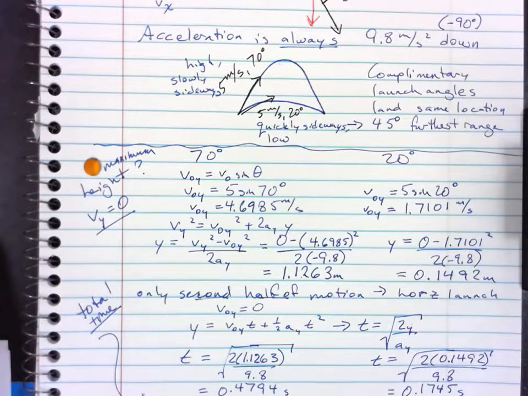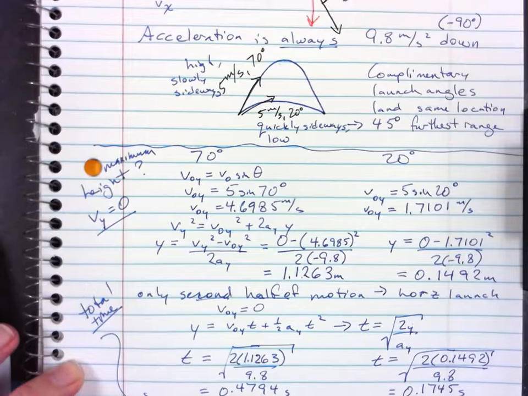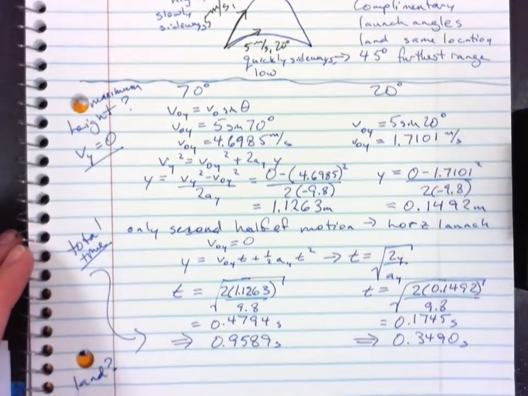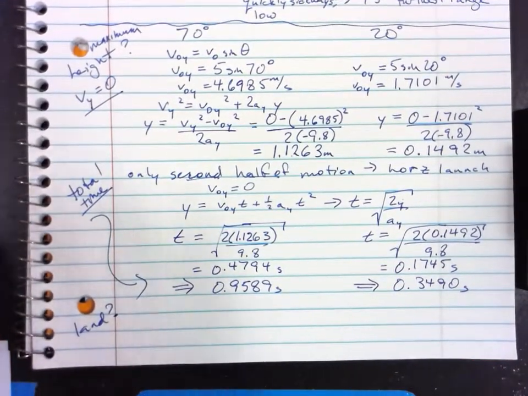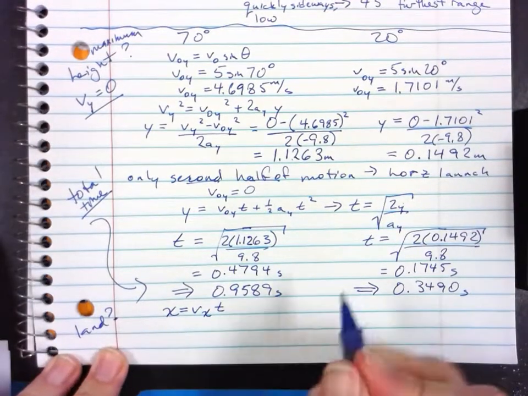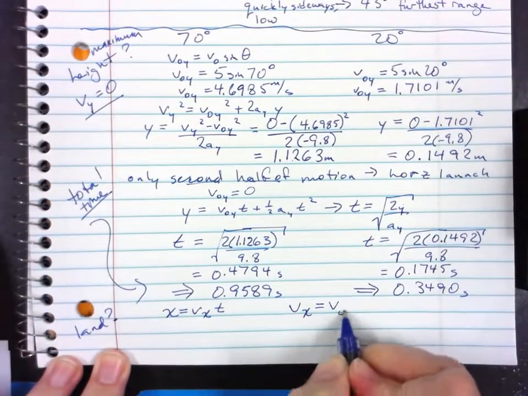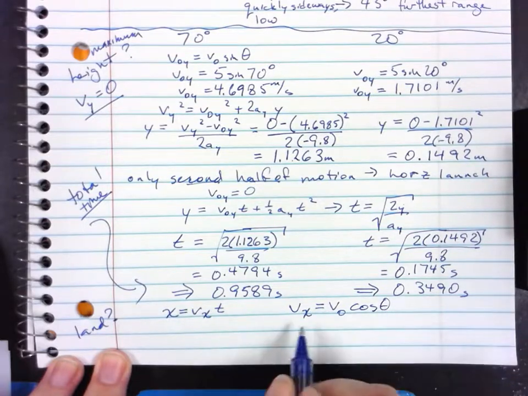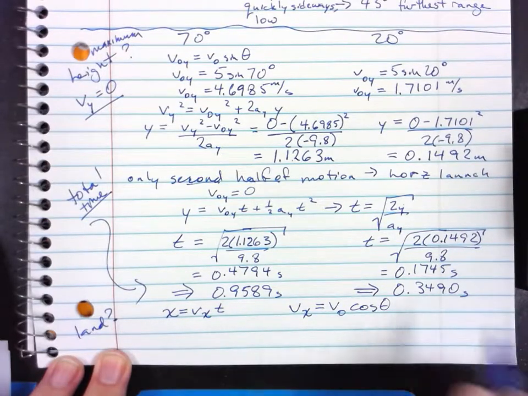So now, where does it land? Oh, the times weren't on the screen. That's okay. It lands a horizontal distance away. You know that x equals vx times t. And the x component is the initial velocity times the cosine of the angle, and it's constant for the whole problem.